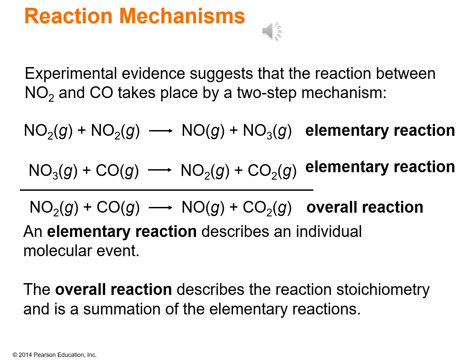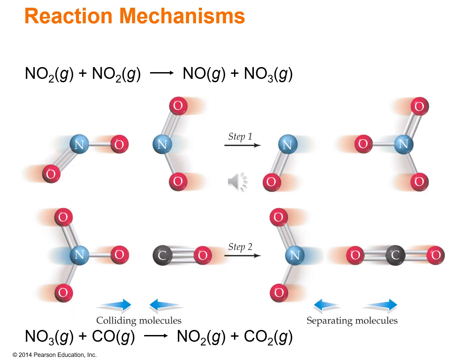Experimental evidence suggests that this reaction is actually occurring through a two-step mechanism. So in the first elementary step, you have two nitrogen dioxide molecules colliding with enough energy to break a NO bond and form another, resulting in the transfer of an oxygen atom from one NO2 molecule to the other.